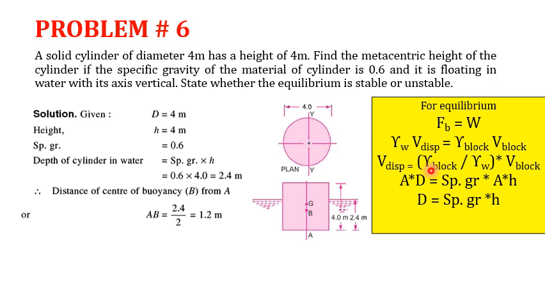We'll get this ratio of specific weight of the block to specific weight of water, which is basically the specific gravity. And for the volume displaced, it will be area into the draft, and for the block, it will be area into the total height. So this draft D is specific gravity into H, the total height. It was given that the specific gravity of material of cylinder is 0.6. So 0.6 into total height 4, we will get this draft, which is 2.4 meter.